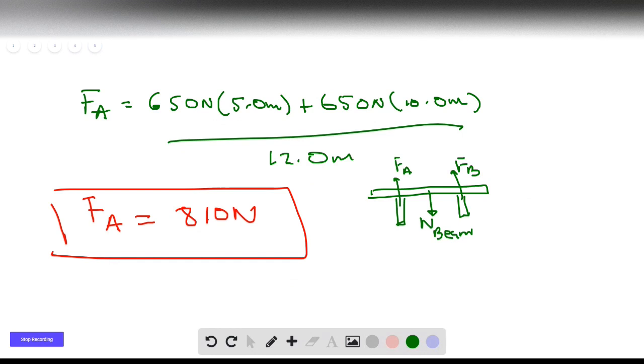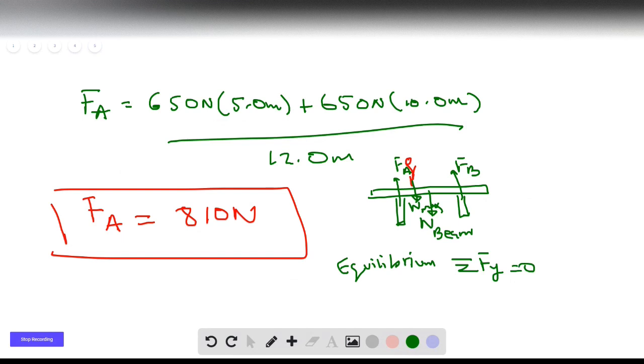And then we also have the person standing here, pointing downwards, W max. The system is in equilibrium, and therefore the sum of the forces in the y direction is 0.